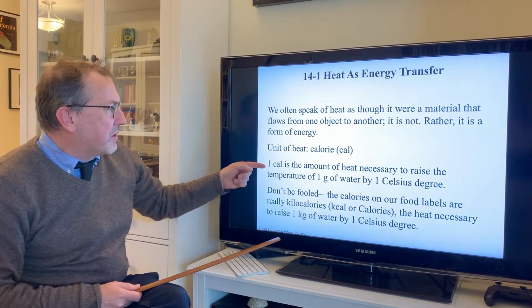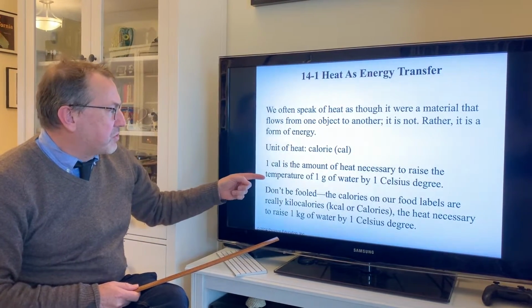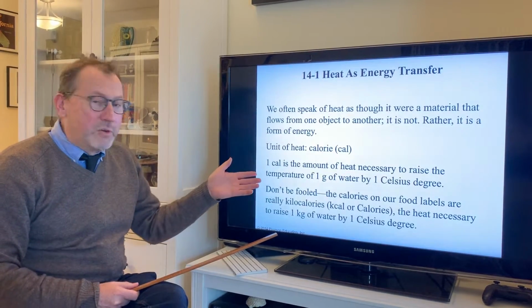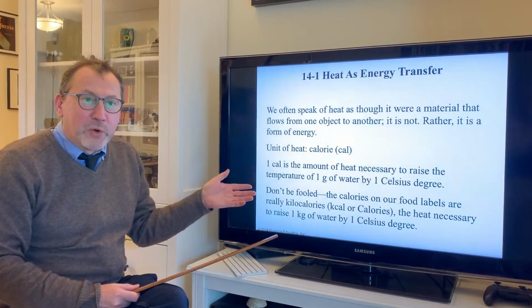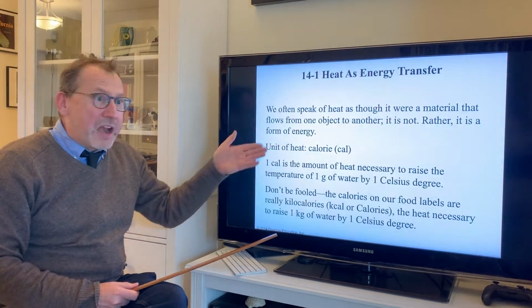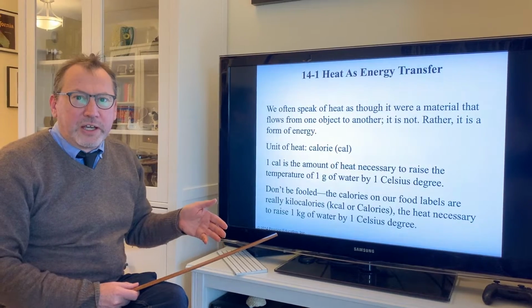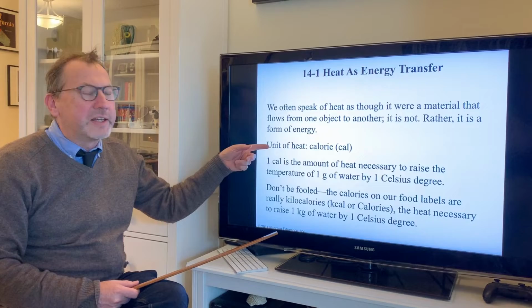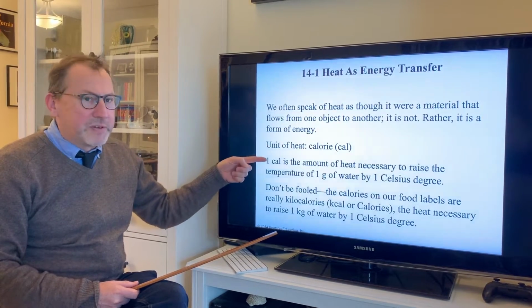A calorie is the amount of heat necessary to raise the temperature of 1 gram of water by 1 Celsius degree. Right, so it's a unit of energy, but just like the electron volt is a unit of energy, the joule is a unit of energy, the calorie is also a unit of energy. And when we're considering heating things up, this is a good unit to use. It's very handy because it's defined in terms of heating things up.